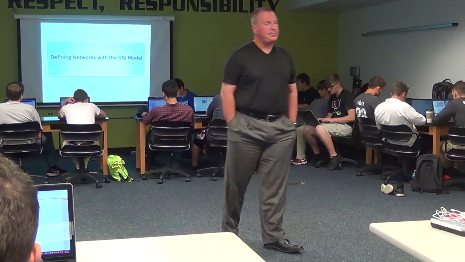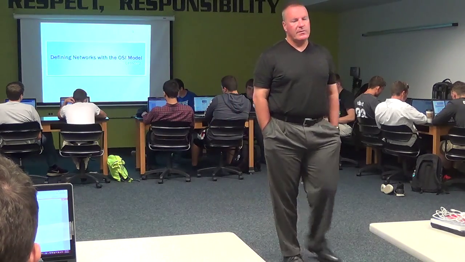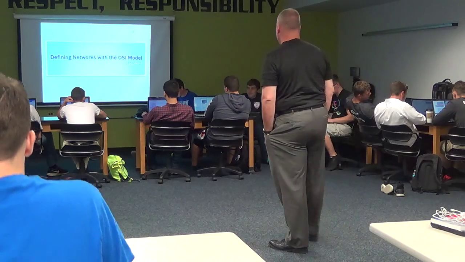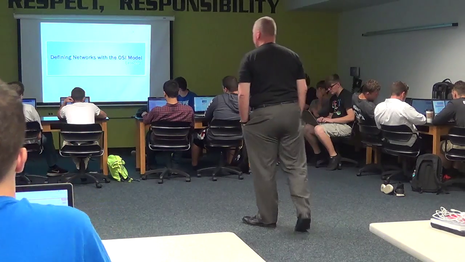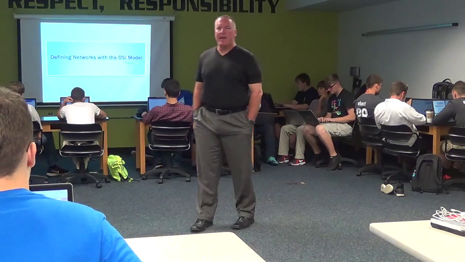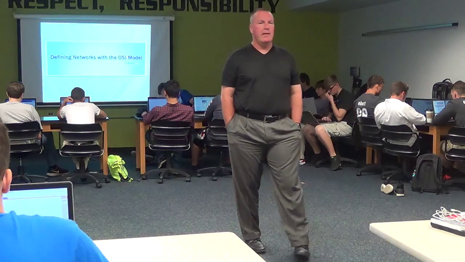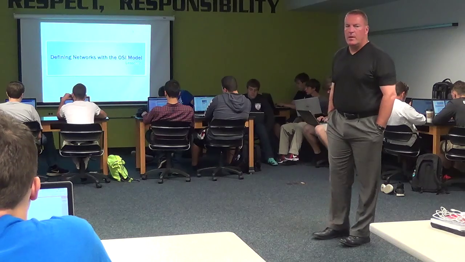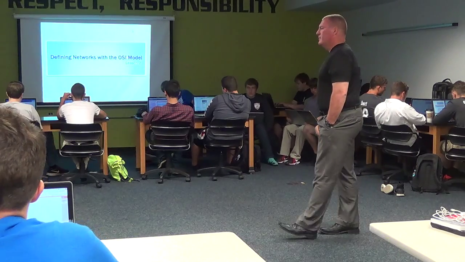As an example, when you build a house, you have blueprints, and you don't just start making stuff up. You have certain rules and guidelines that you go through. You have to put a foundation down.